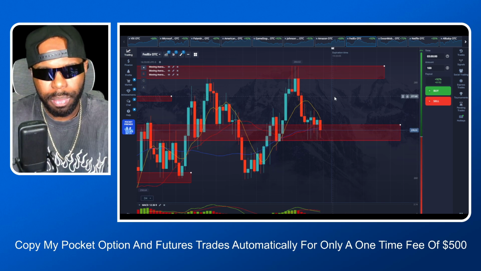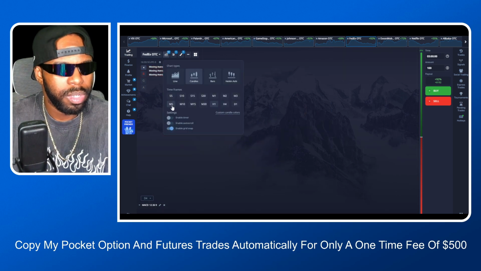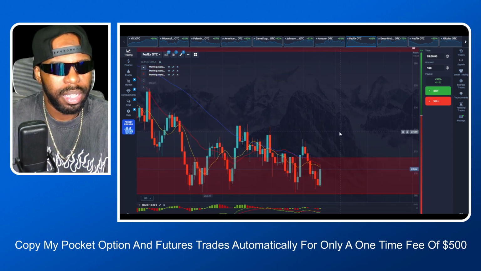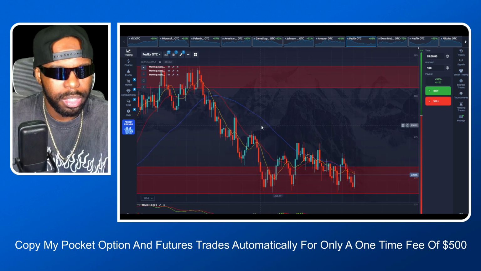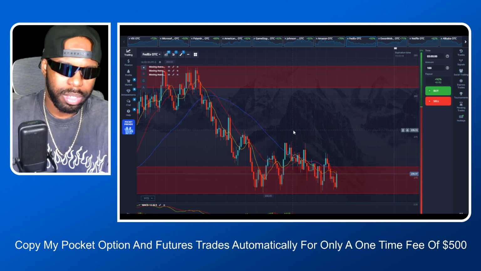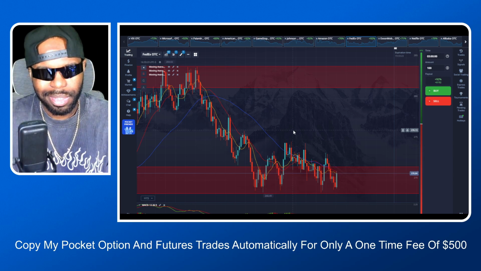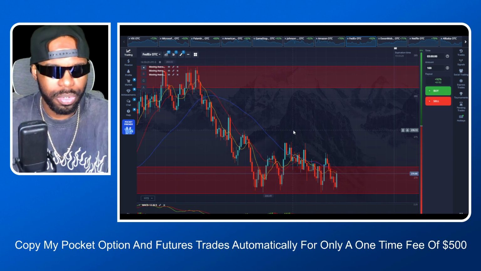And like I said, I also draw my supply and demand zones on the daily chart. And like I said, what I like to do is break it down to the 5 minute chart, and take trades based off of these zones. Now, you don't want to just take a trade. You want to know other things. You want to know the higher time frame trend.